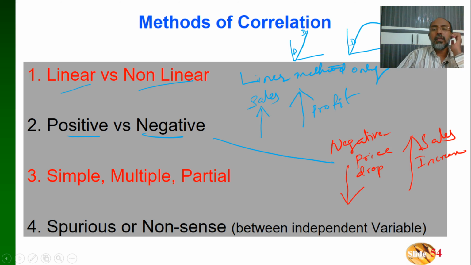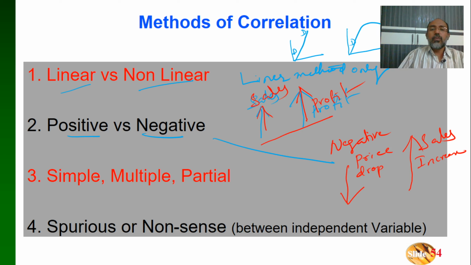This is called negative correlation. One variable having an opposite direction effect on the other variable is called negative. One increases, the other decreases; one decreases, the other increases. That is positive versus negative. Whereas in the positive, as I said, sales increase, profit increases. This is profit, this is sales.